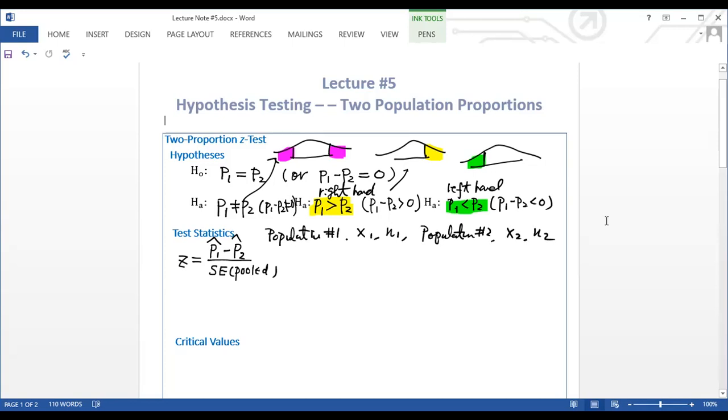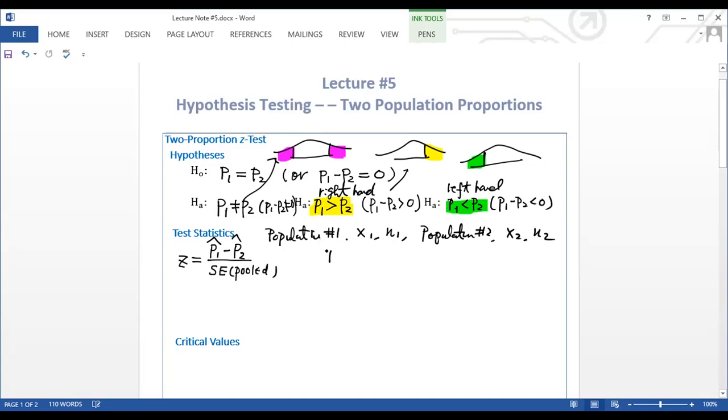Like the example we said, if you are testing two cities, whether their percentage of smokers is the same, right? For city number one, you can take maybe 2,000 people and see how many are smokers. Then for city number two, you can take maybe 1,500 and see how many are smokers, right? Those are the data related to each population.